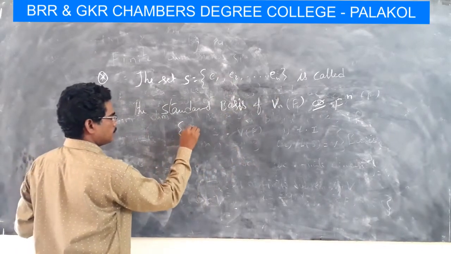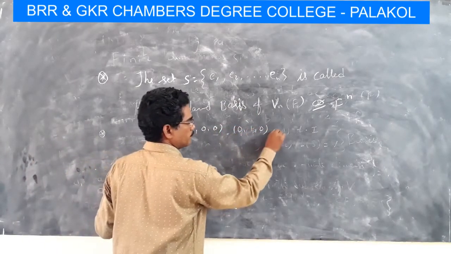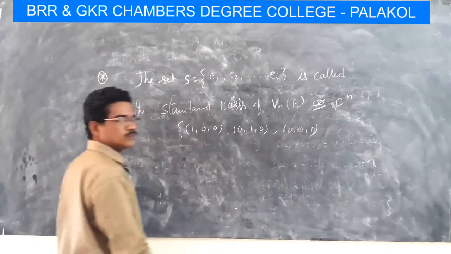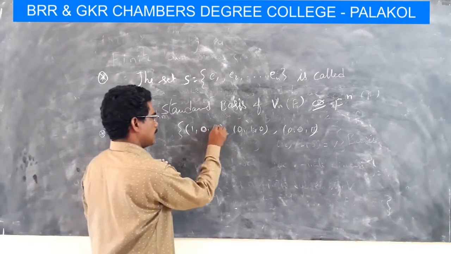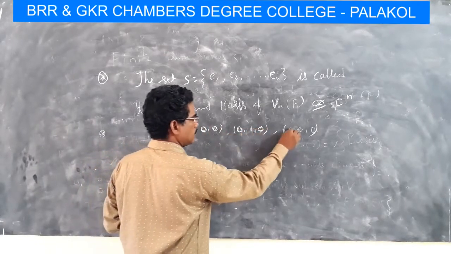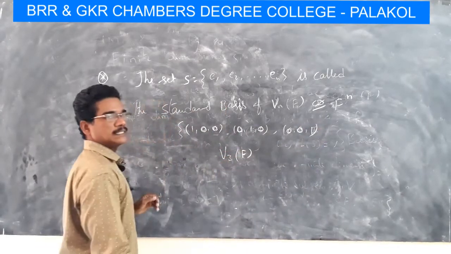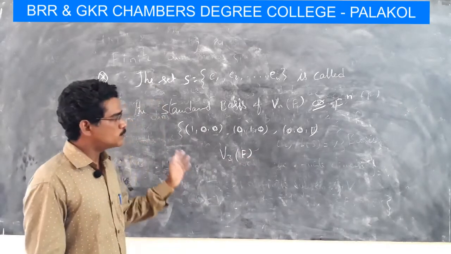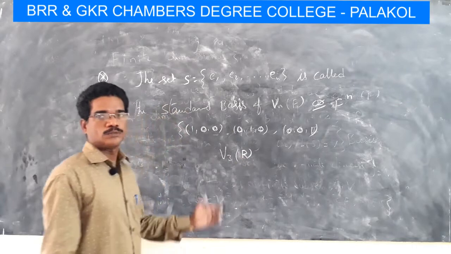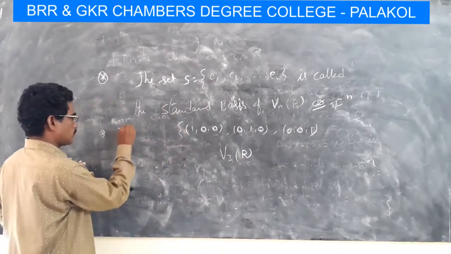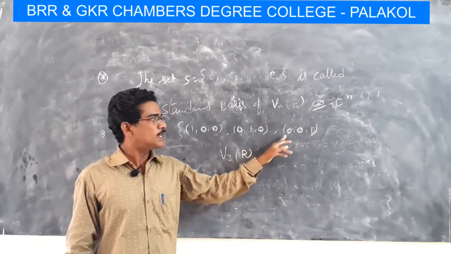Suppose the set of (1, 0, 0), (0, 1, 0), (0, 0, 1), here n means 3 coordinates, then this is the standard basis of V3 of F. Suppose real numbers, it is V3 of R; suppose complex numbers, V3 of F.